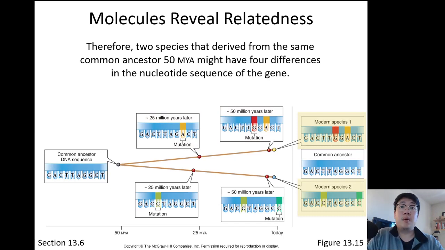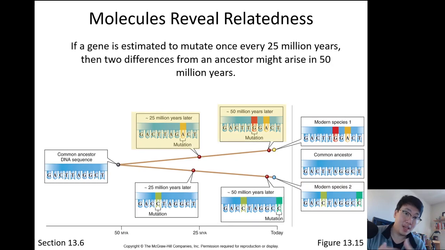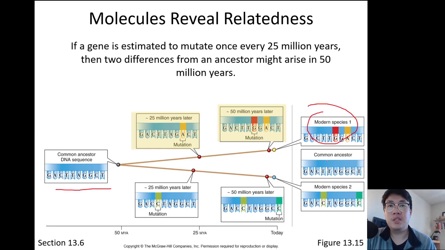And that will give rise to 1 modern species. And because it's different, the other organism might approach a different pathway, that gives rise to the next organism. But the common ancestor is the main ancestor right here that both of these species share.